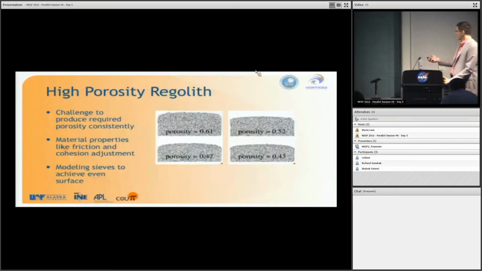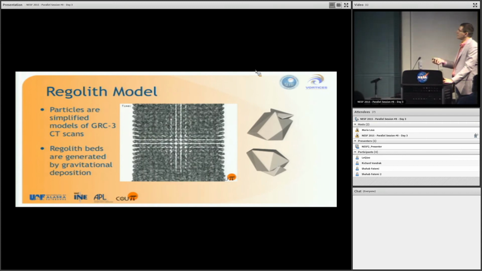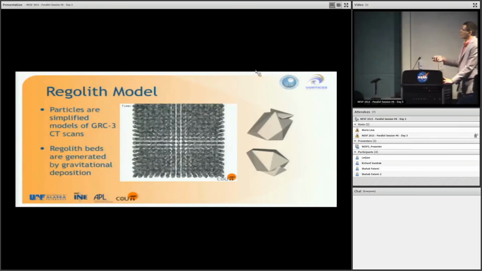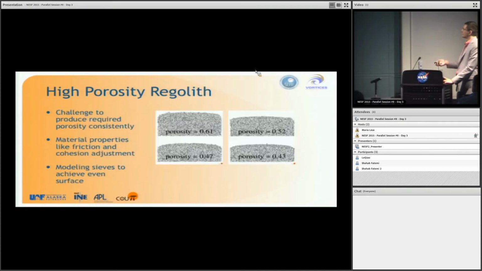We use the CT scans of GRC-3 simulants from GRC. We did it at University of Alaska, then created the particles and packed them, dropping them using a gravitational deposition process to create the regolith itself. The challenge here is to create a highly porous material.